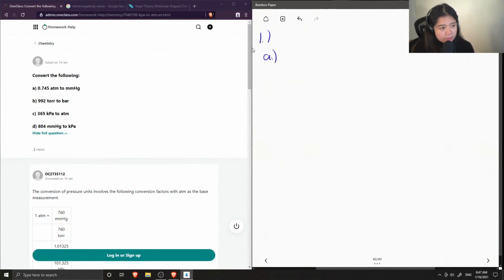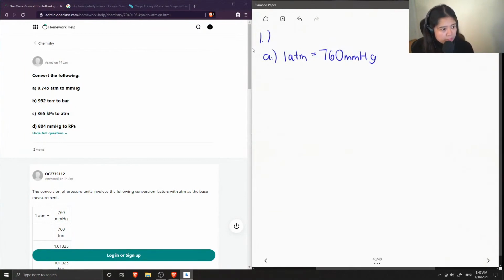So first, let's recall that the conversion factor for atm to millimeters of mercury is equal to 760 millimeters of mercury to 1 atm. Okay, so this will help us in converting from atm to millimeters of mercury.